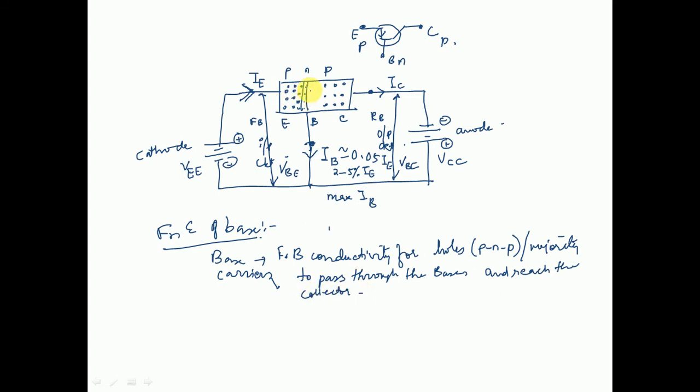So basically the base acts like a bridge between the majority charge carriers of the other two regions, that is the emitter and the collector regions.